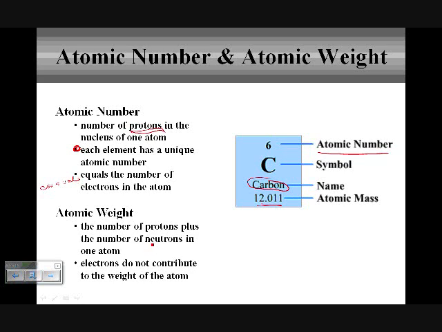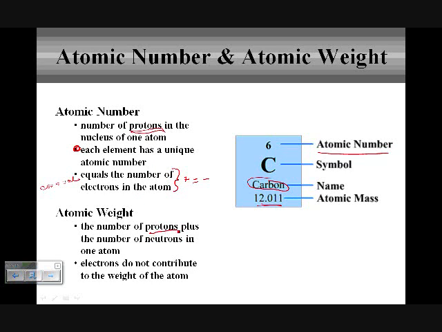Sorry about my bad writing, guys. That says assume equals the number of electrons in the atom. And the reason for this is because we want positives, which is the protons, to equal our negatives. Because if we have 6 positives and 6 negatives, then we have an overall charge of 0 and we have a neutral atom. And a neutral atom is less reactive.